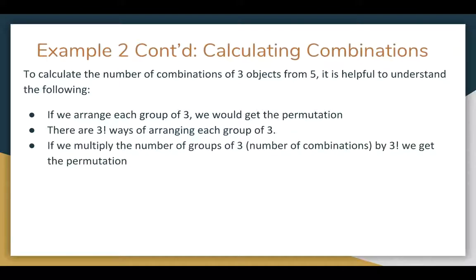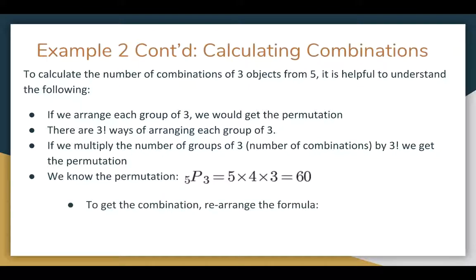If we multiply the number of groups of 3, the number of combinations, by 3 factorial, we get the permutation. You can imagine all 10 of these groups and 6 arrangements for each group, so we take 10 and multiply by 6. That gives us the 60. We know the permutation is 60. It's 5 times 4 times 3, which is what we did in permutations with the slot method.